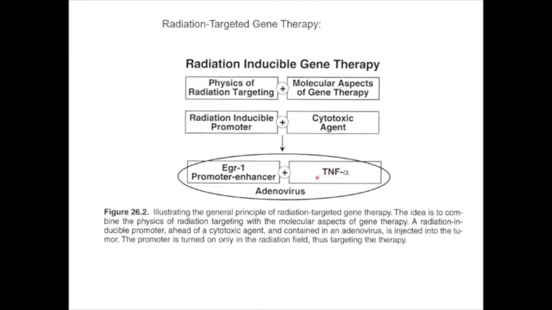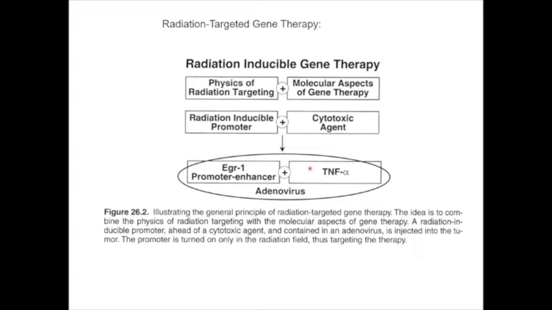So the idea was you have this driven by a radiation inducible promoter. He used the EGR1 promoter. You package this into an adenovirus, you put it into the patient, and wherever the cells are irradiated, you get turn on of additional TNF alpha, more than what is produced in the normal host cells anyway.